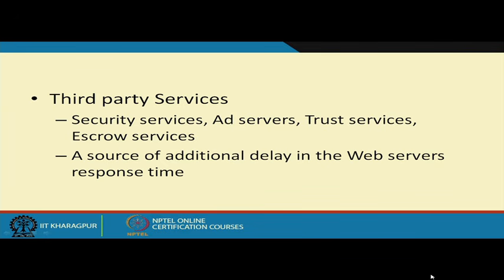The performance of such third party services should be considered while connecting them to your own website, because if there is a degradation in the performance of those third party services, then that delay is experienced by your customers as well.